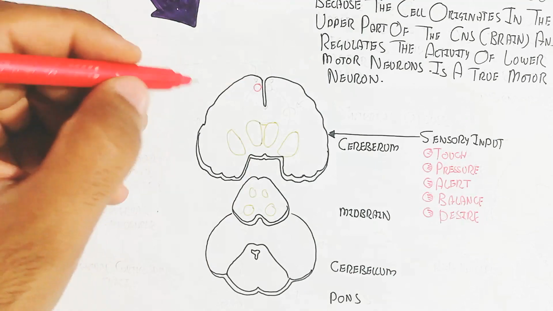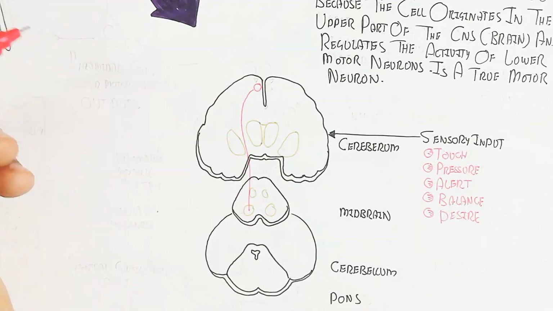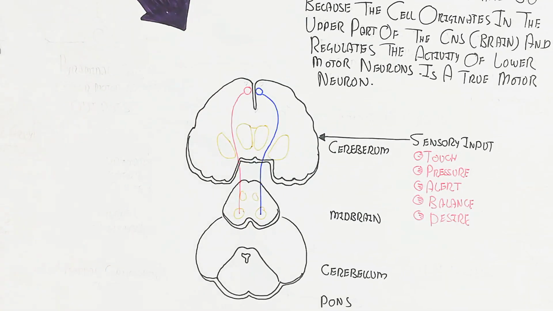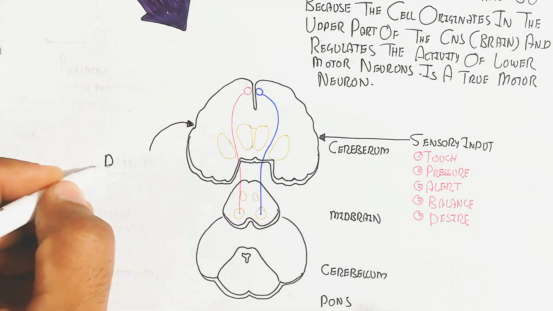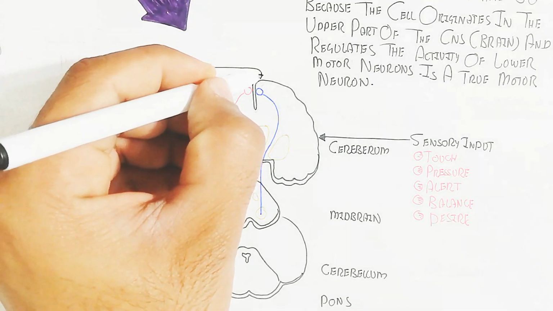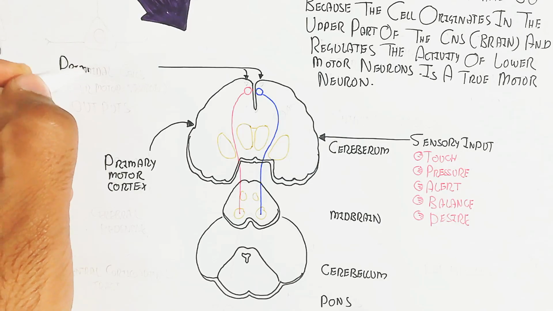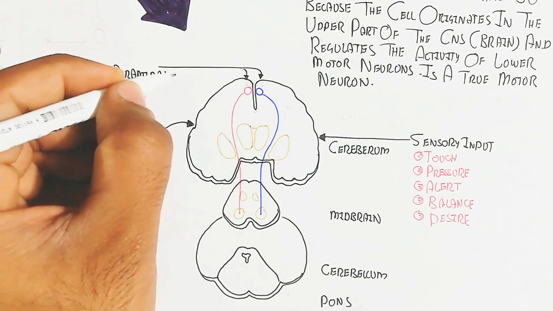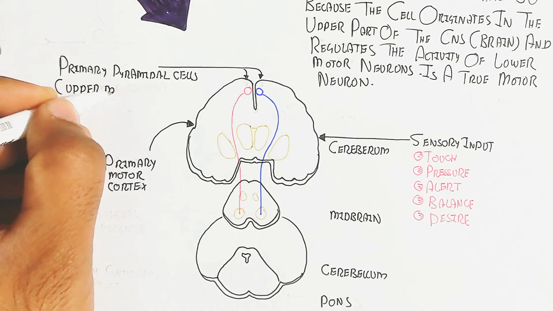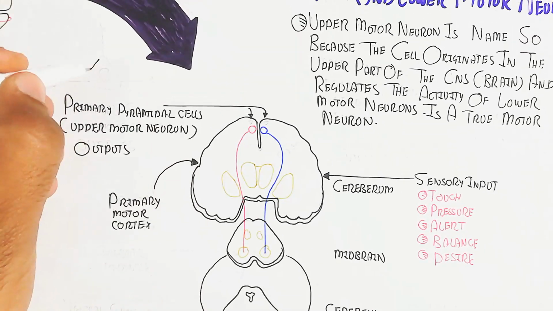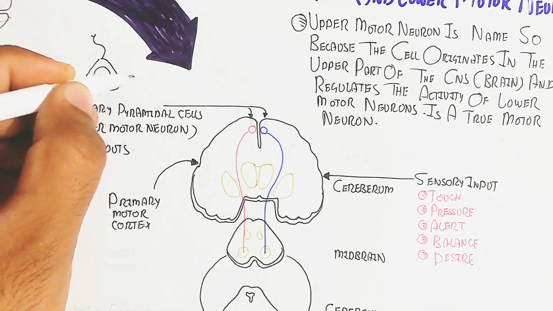For example, the sensory input goes to the brain, and in this way the two motor neurons, left and right, the primary pyramidal cells, the upper motor neurons, are present. In this way the output will begin, and the primary pyramidal pathway, the upper motor neuron, will occur.